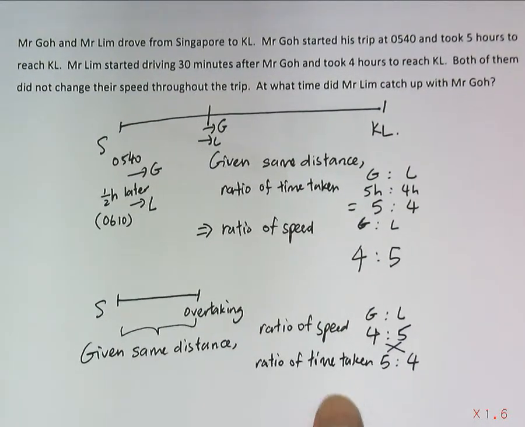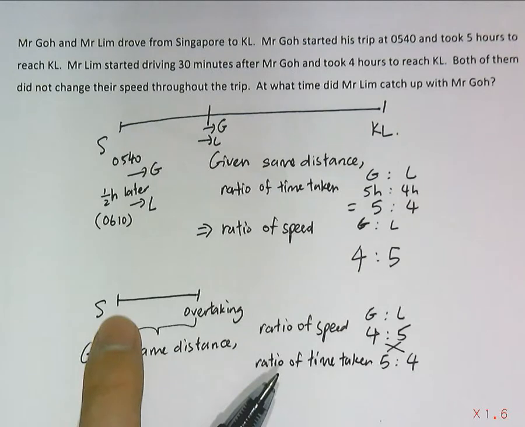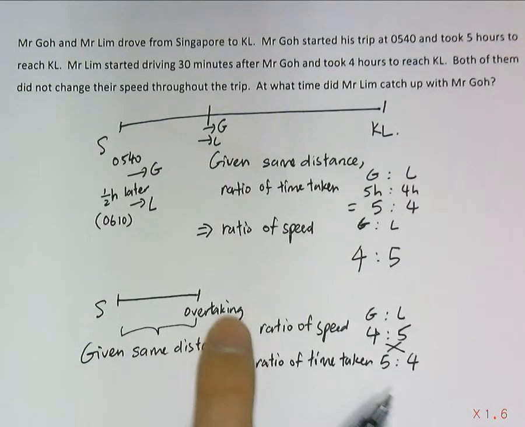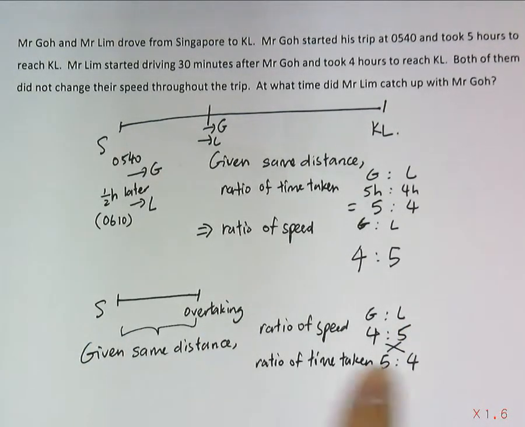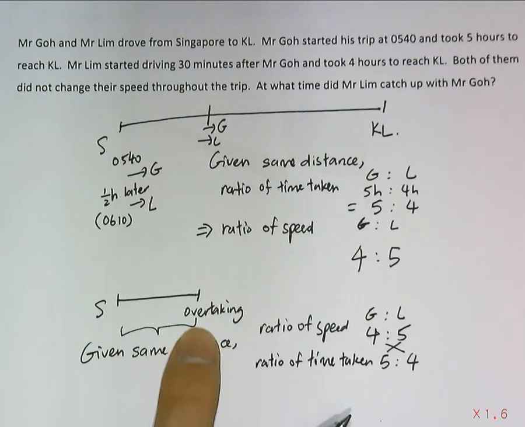So this 5:4 is the time taken for Mr. Goh will be 5 units of time from Singapore to this overtaking point, and Mr. Lim 4 units of time from Singapore to this overtaking point, because they will travel the same distance when they overtake.